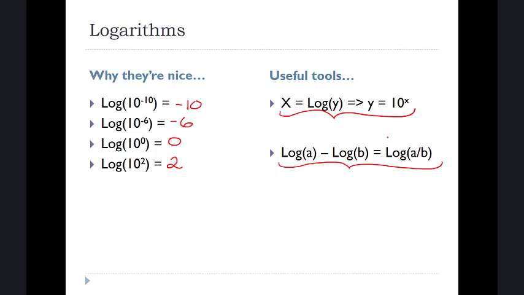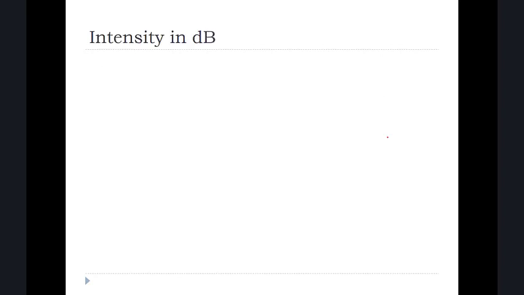So how do we make use of logarithms? What we do is we redefine the intensity. Instead of writing it as an I, we say it's beta. Why beta? Because we're physicists and that's what we do. The units here are dB, so this whole thing is telling you it's sound intensity in dB.